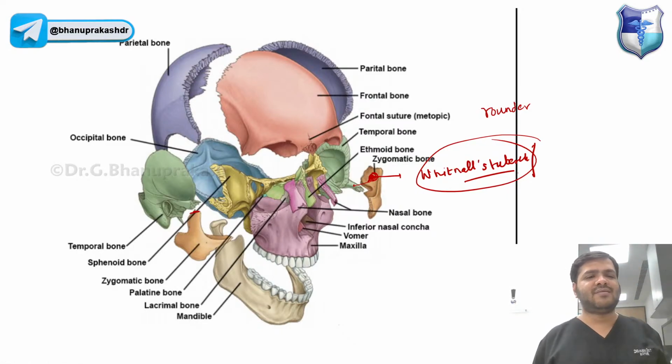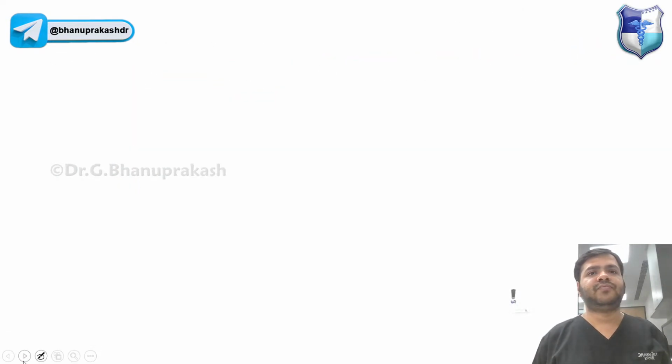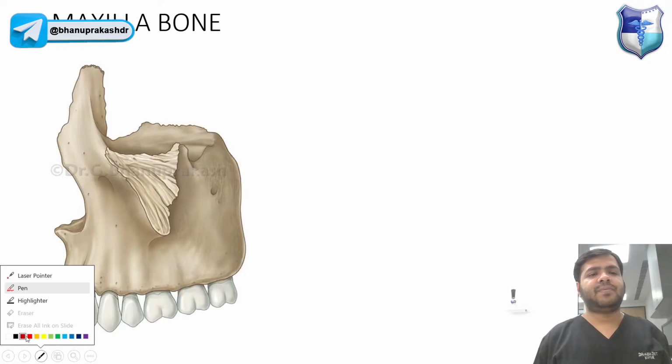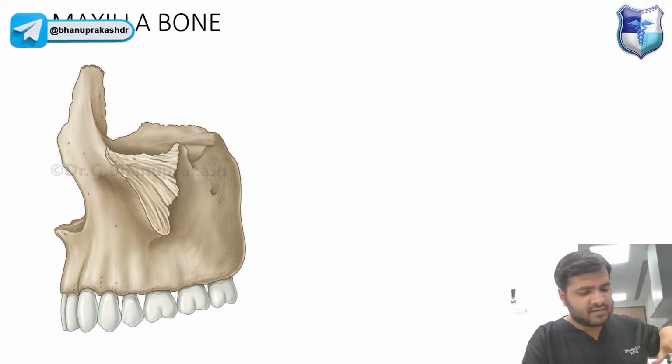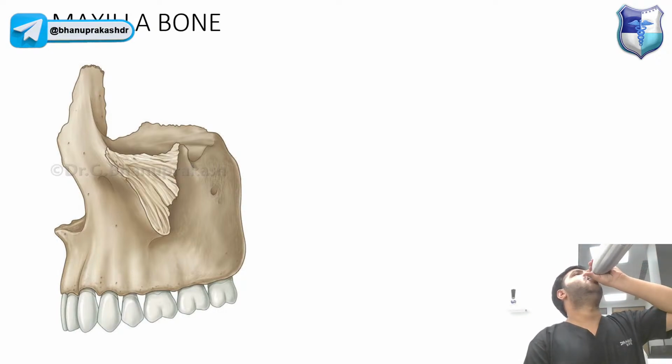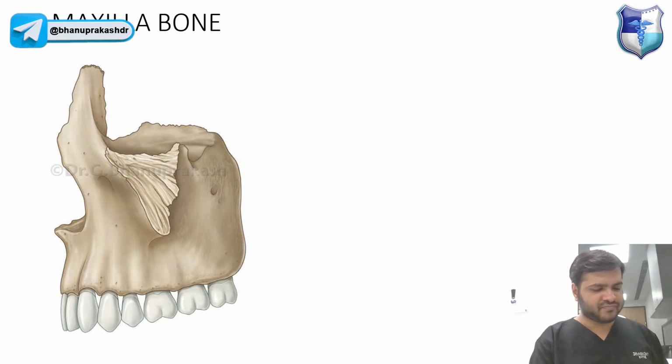Shakil, okay, we'll be discussing the most important bone right now, that is again the maxilla. I will be discussing the maxilla in detail, guys. Again, that is something very important. Surgical importance is in surgical landmarks.